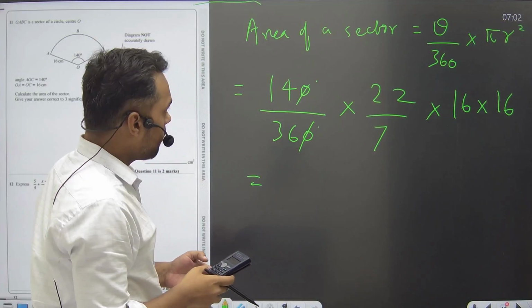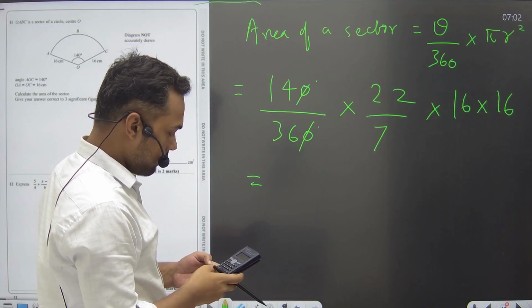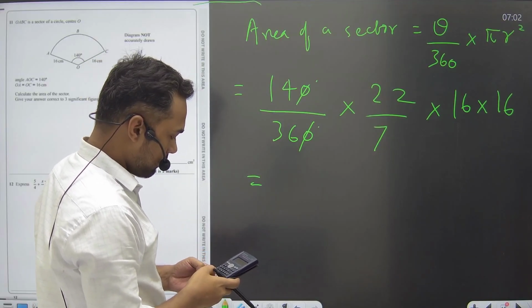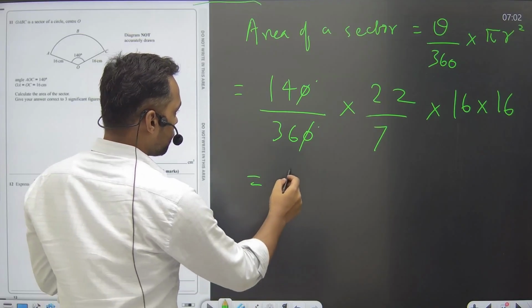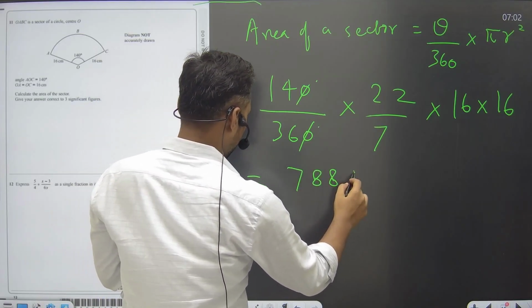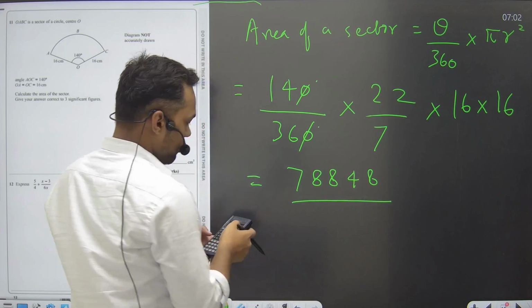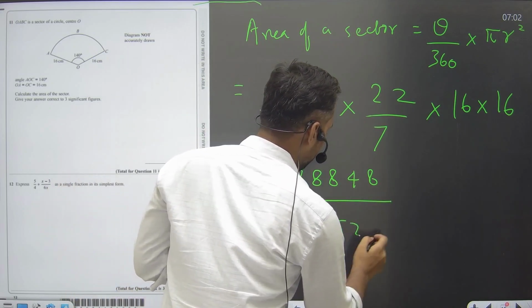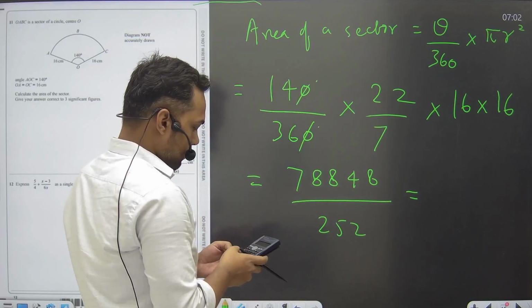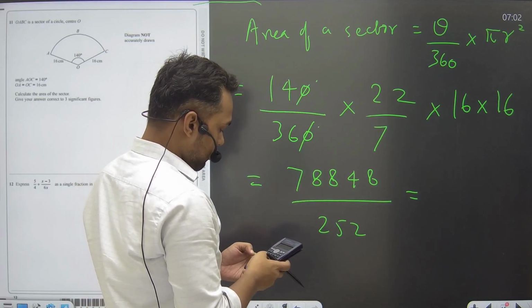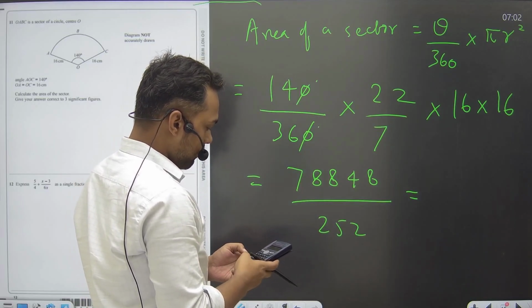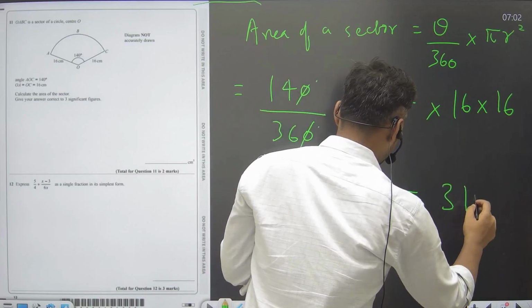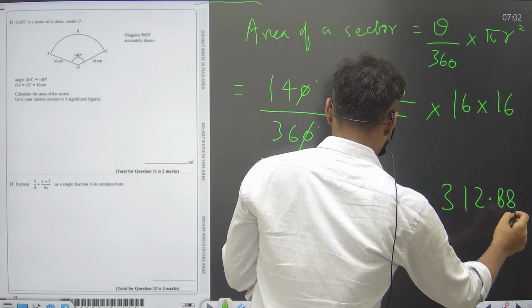We just need to calculate this value. You will get 14 cross 22 cross 16 cross 16, that will be equal to 78848. In the denominator you will get 36 cross 7, that is equal to 252. So it will be 78848 upon 252, that will be 312.88.